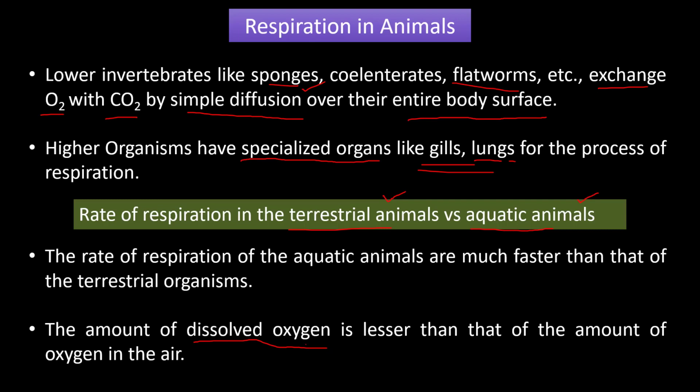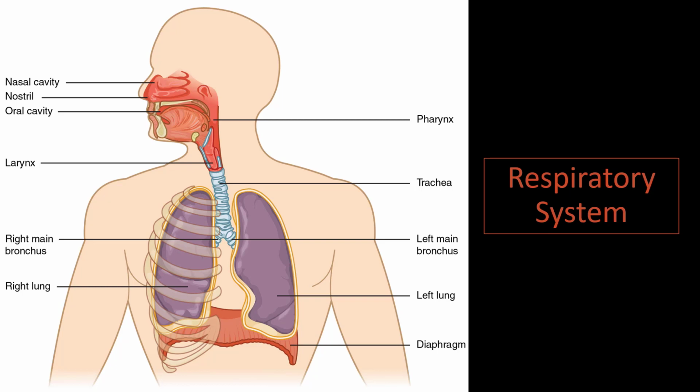Now with this, let us continue and learn the process of respiration in human beings, and let us start by understanding the different organs involved in the process of respiration in human beings. Now we all know there is an opening called the nostrils. Two nostrils are there that open to the outside and connect to the nasal cavity in this particular area.